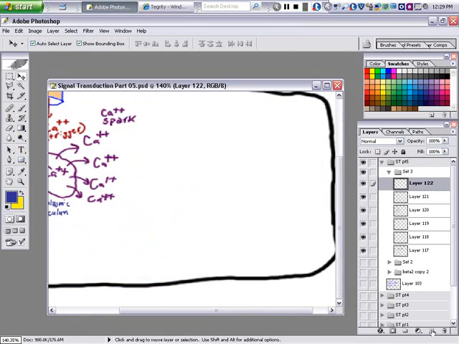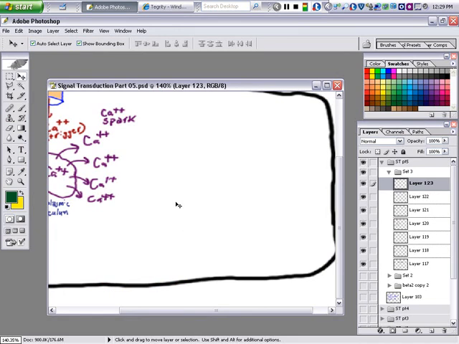So now I'm going to actually put this on a new layer. We're going to have a contractile unit of our heart cell. Okay, this is going to be our sarcomere, and extending from the side, we're going to have actin filaments.